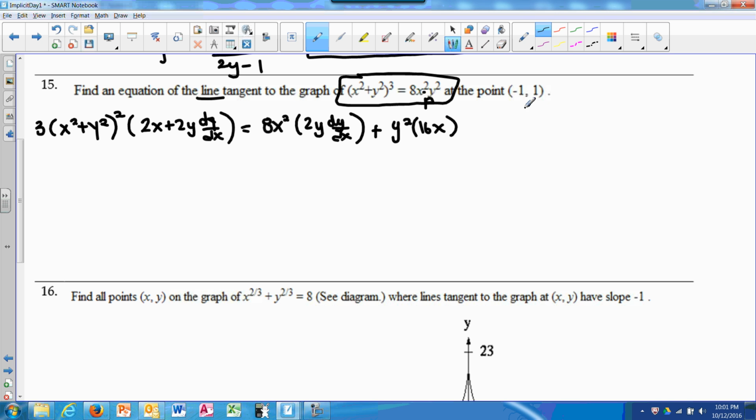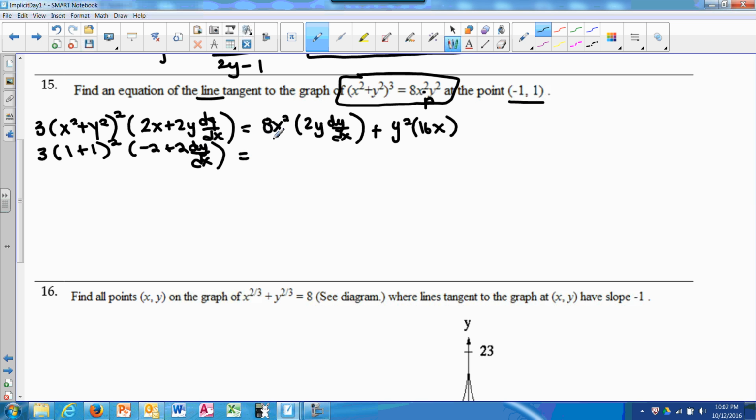Now this one's nicer because we have the x and the y. We just have to be careful substituting in. So negative 1 squared is 1, positive 1 squared is 1, and that whole quantity is still being squared. Negative 2, positive 2 dy/dx. Remember not to try to combine the non-dy terms with the dy terms. This does not become 0.